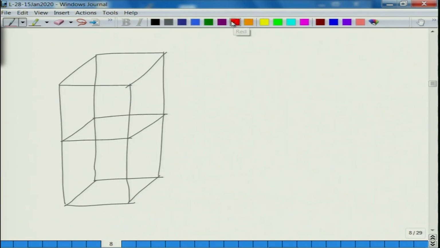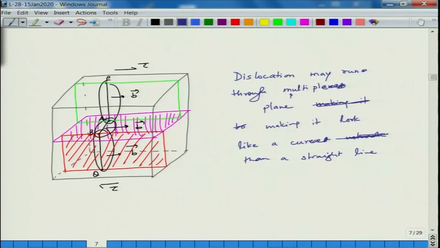In this plane we have a dislocation which is, let us say, like this, because we can see that the dislocation is pinned on this side and this side because it has gone through different planes. As a result, these are the two ends at which it gets pinned.